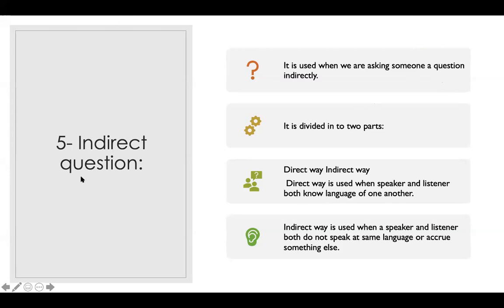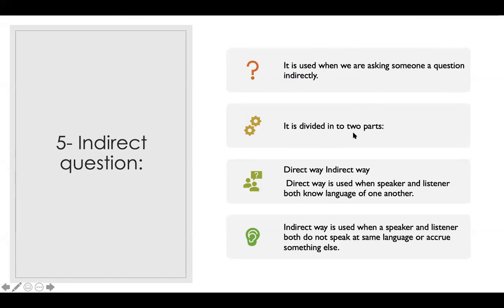So, indirect questions. There are some important points that you have to remember. The first, it is used when you are asking someone a question indirectly. So you are not asking directly from someone like, what is your name? Okay? You are asking indirectly. The second one, it is divided into two parts.